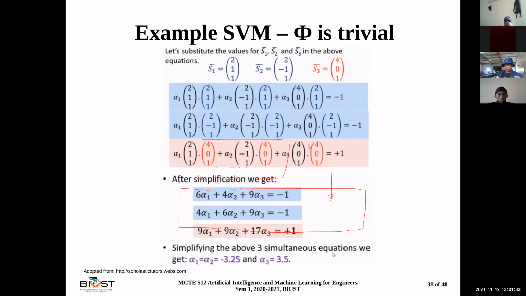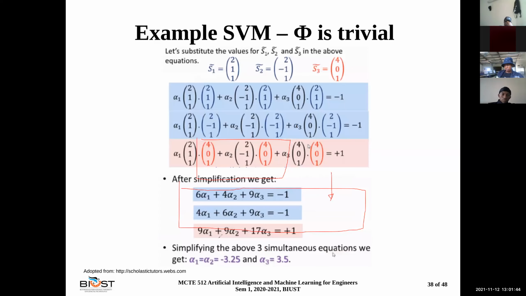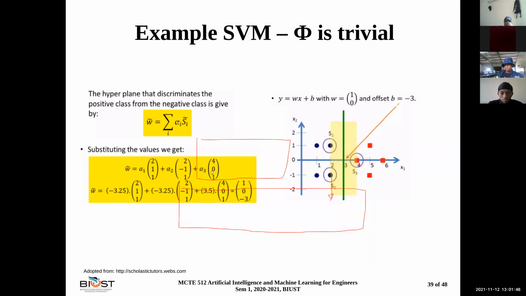Once you solve for alpha 1, alpha 2, and alpha 3, we go back to this equation here. We can solve the weights using that alpha. Once we solve the alpha, alpha times the support vector is equal to the weight. So alpha 1 times the first support vector, alpha 2 times the second support vector, alpha 3 times the third support vector.